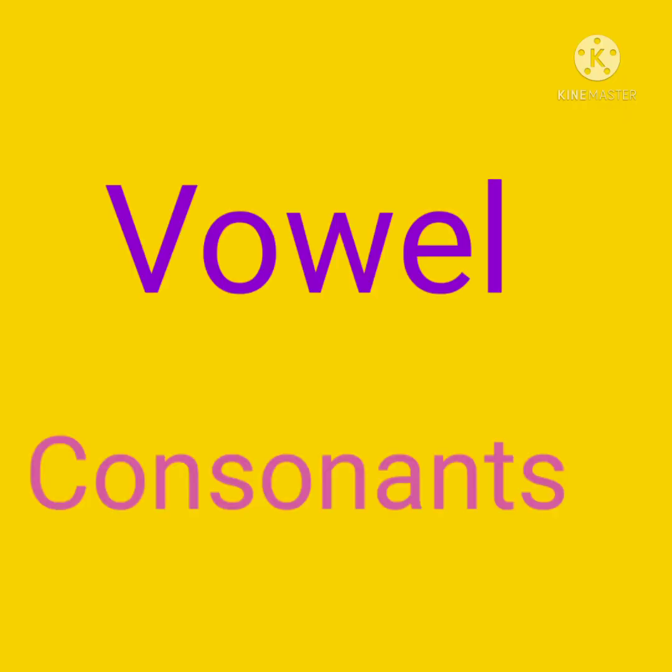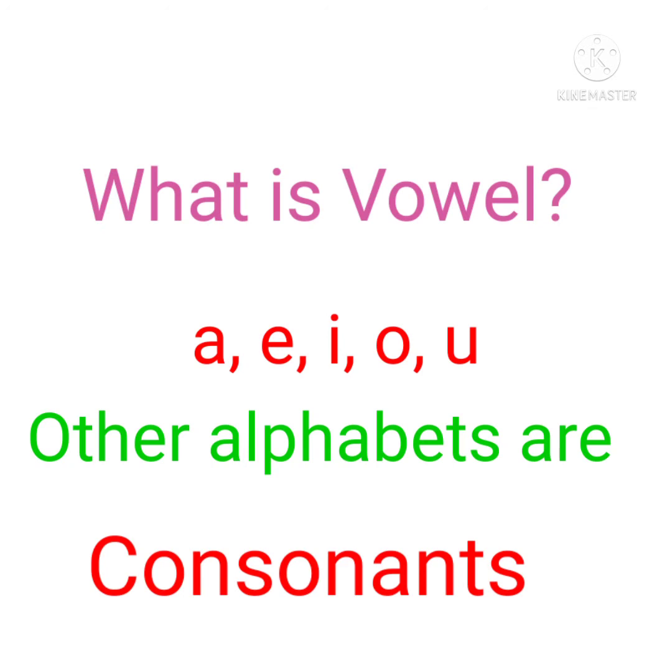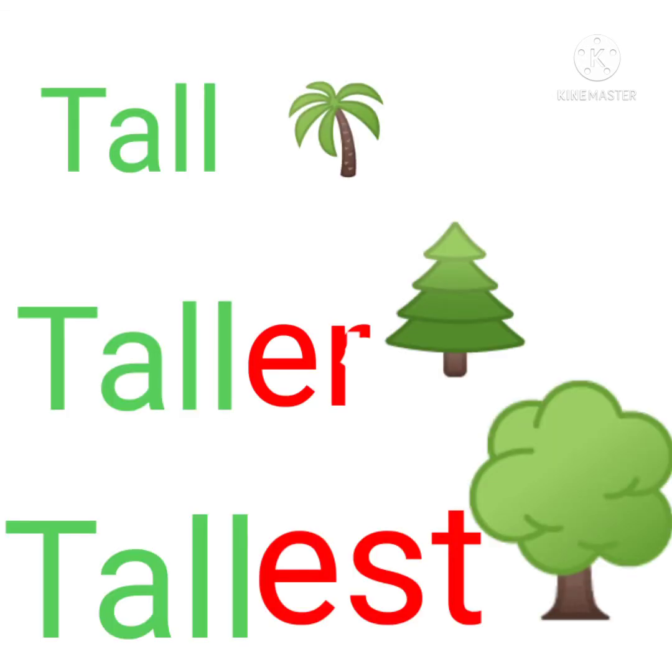You have already known about vowels and consonants. What is a vowel? It is A, E, I, O, U. Other alphabets are consonants. Now look at these examples: tall, taller, tallest. T is a consonant, A is a vowel, L is a consonant and the other L is a consonant.